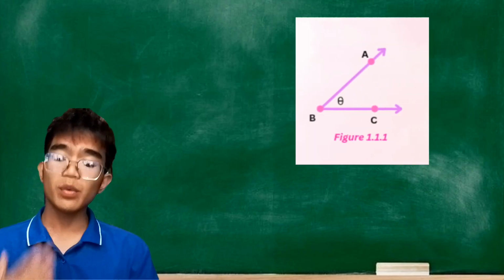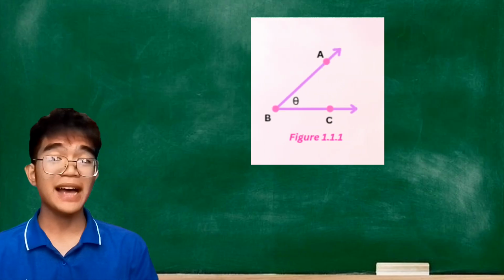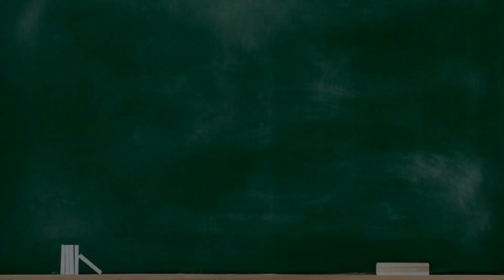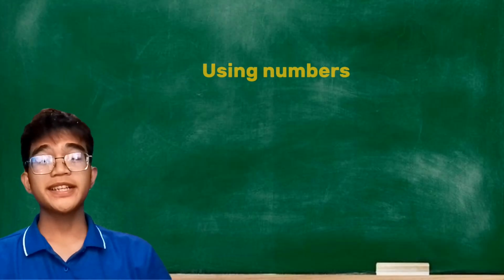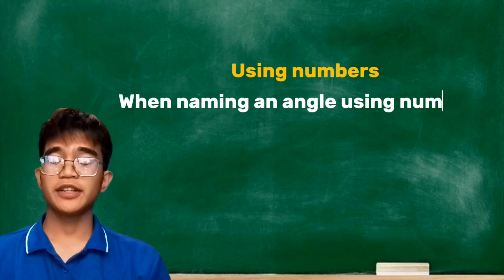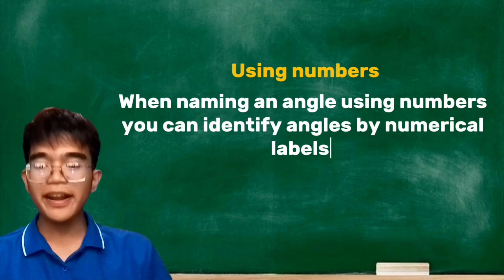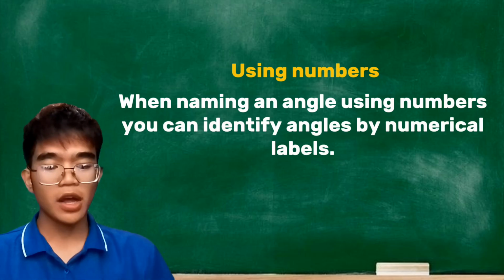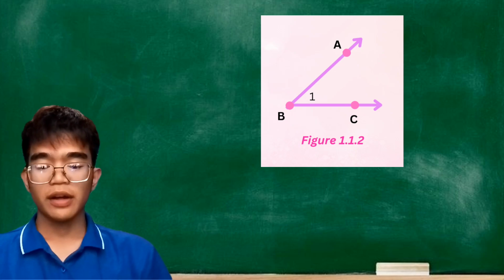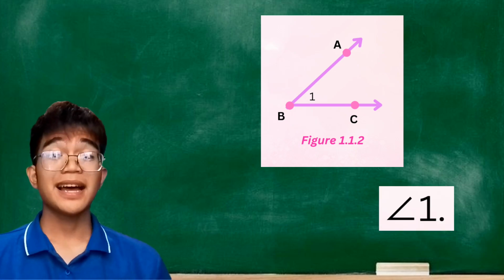So in figure 111, the angle can be named as angle theta. Number 4, using numbers. When naming an angle using numbers, you can identify angles by numerical labels. So in figure 112, the angle can be named as angle 1.